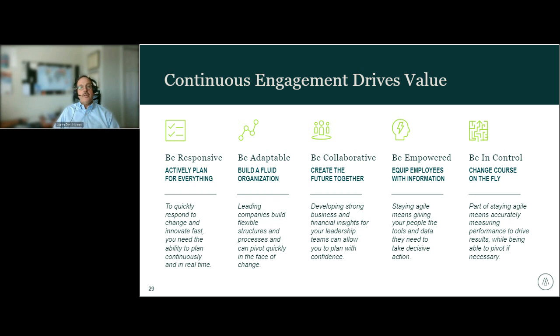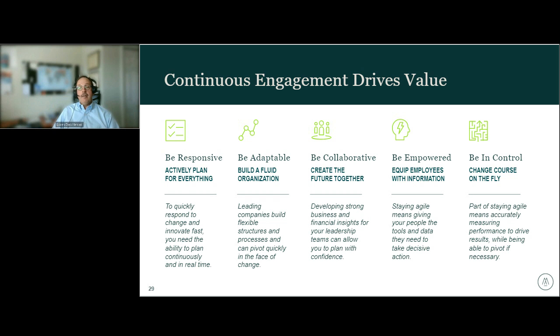When you're adaptable, then you can have those conversations across the organization that help you to collaborate and work together for a consistent, strategy-focused plan that is making the best use of your business environment. When people are collaborating at that level, then they'll be empowered because they have information that's very powerful and insightful and it uncovers where the real opportunity is at hand and how to capitalize on that.